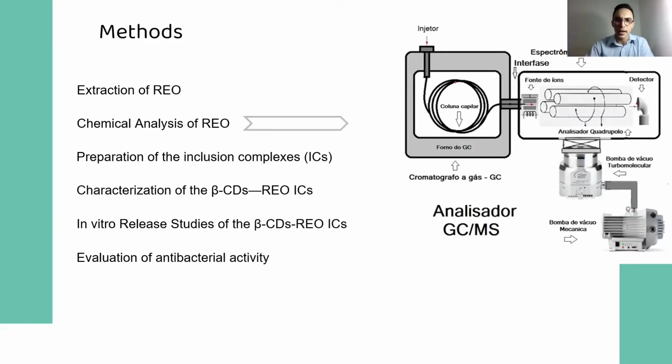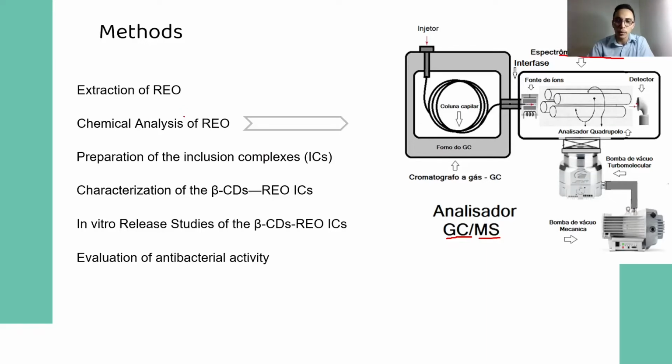After that, the chemical analysis of the rosemary essential oil was made by gas chromatography with mass spectrometry (GC-MS). With that, they analyzed the compounds of the rosemary essential oil.